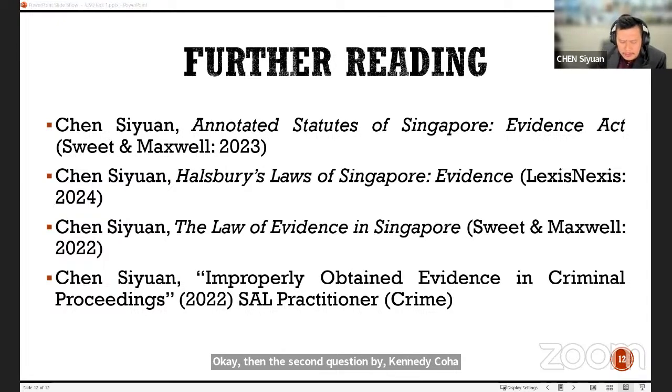So we haven't yet reached the stage whereby there are many allegations that evidence is generated by AI. But I do think that if that day comes, the laws would catch up and something will be done about it. But my understanding of it is that it's still not impossible to tell whether something is generated by AI. There are ways in which you can try and disprove it.